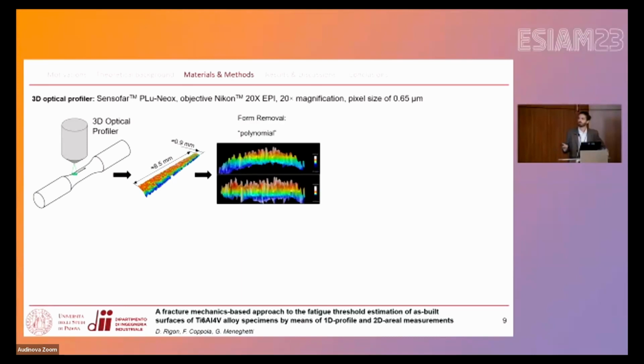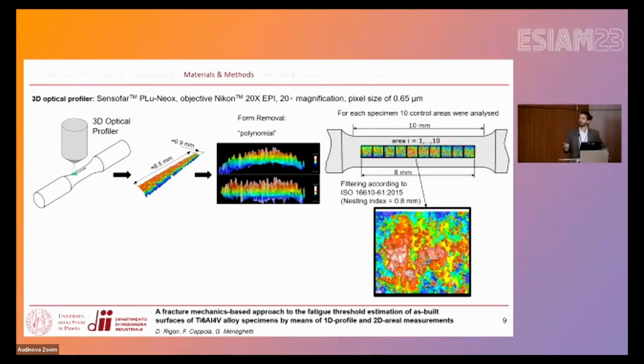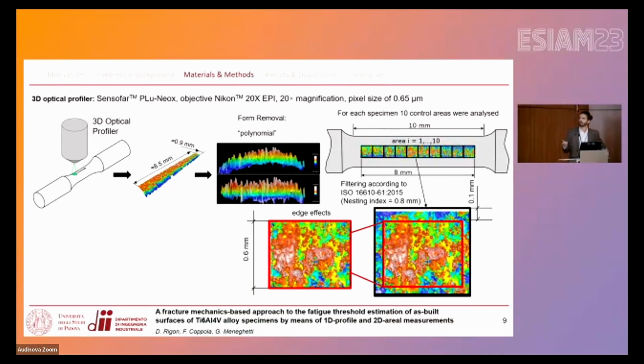We removed the curvature effect by applying a form removal in order to obtain flat surface roughness measurements, and we extracted the Sv values from 10 areas for each specimen analyzed. So for each specimen, we extracted 10 Sv parameters to be analyzed with the largest extreme value distributions.